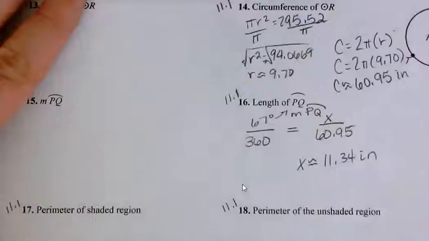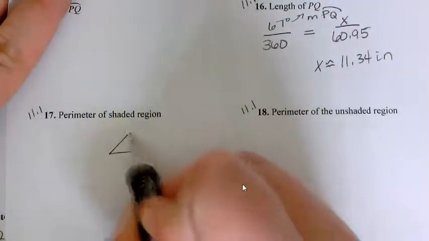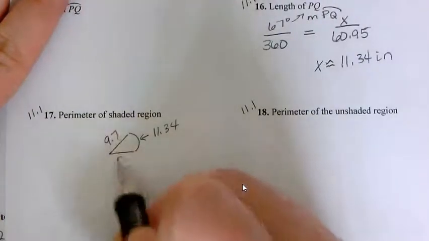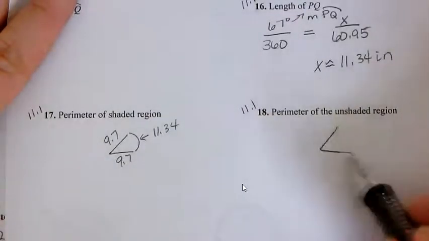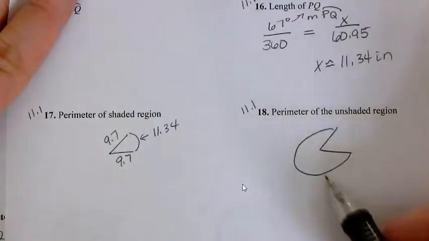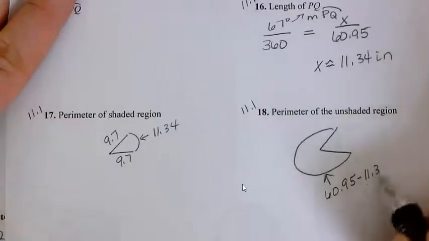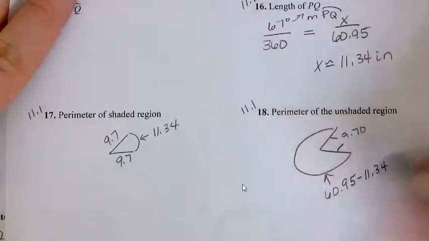Now, the part that you have to understand about perimeter is that the perimeter of the shaded region is just the pie piece. So this length here is 11.34, and this is 9.7 and 9.7. You add up all those three values. The unshaded region is like Pac-Man. This length here would be 60.95 minus 11.34, and both these lengths here are 9.70. So you have 2 times 9.70 plus this value.